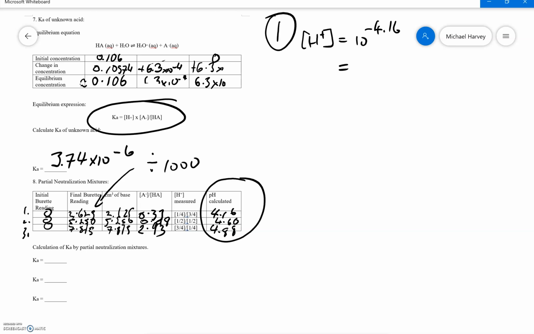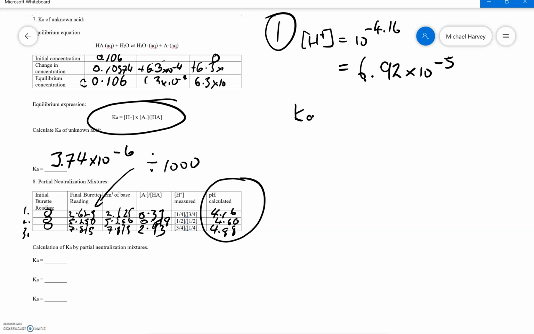If we plug those values into my trusty calculator, you'll get 6.92 times 10 to the negative 5. Obviously I'm rounding because it makes the maths easier for me, but in exam situations, just keep those numbers until the end. And now we use the equation.